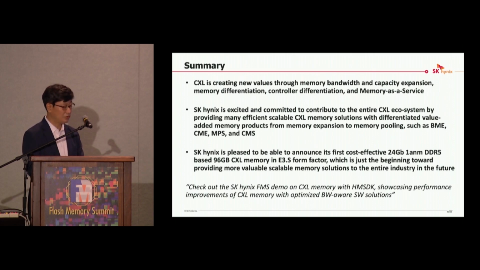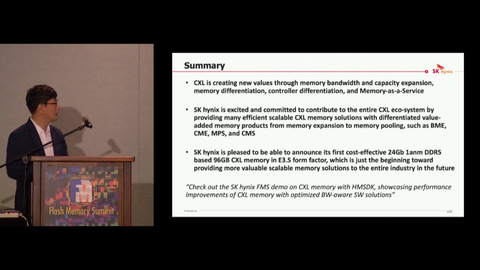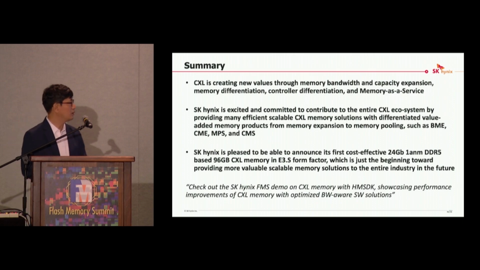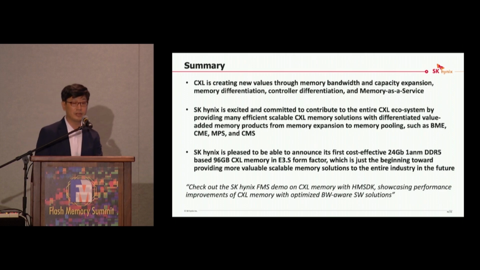As I just showed you our sample here, we are very pleased to announce our first sample, which is based on 24 gigabit 1A nanometer process. I would like to emphasize that we hope this will help build the ecosystem stronger. This is just the beginning toward providing more valuable, scalable memory solutions to the entire industry in the future. Thank you for your attention.